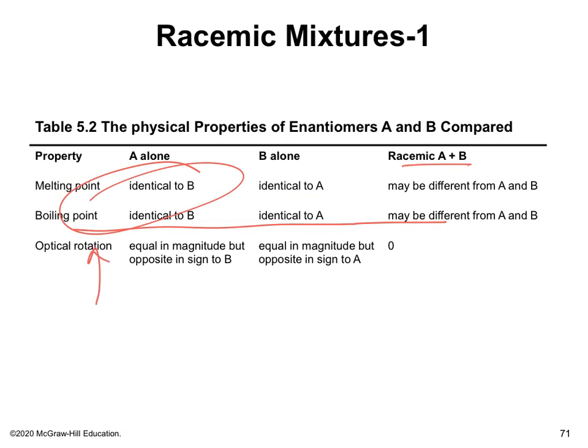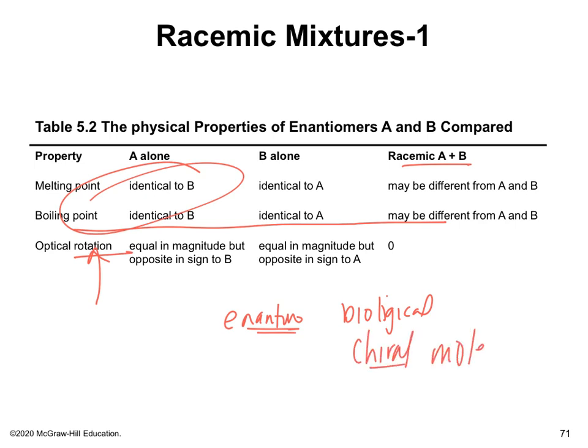Only optical activity can distinguish an enantiomer. Biological receptors can distinguish. You have to have a chiral molecule to interact with a chiral receptor.